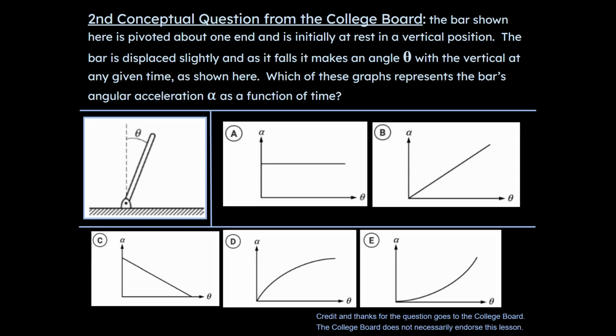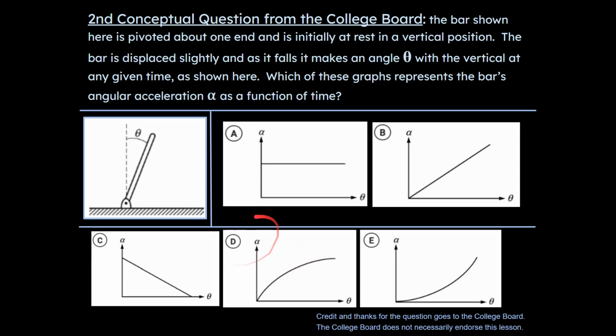Here it's a little more difficult in difference because remember, that center of mass as it rotates, it comes down here and it's, over time, it's getting farther and farther away from this axis of rotation, which means you're going to have a greater torque, and torque is proportional to the angular acceleration that's going to be experienced. So it's going to be maximized right when it hits this horizontal position right here, which means that you would start with no angular acceleration effectively, and then you would end up with a maximal angular acceleration over here.